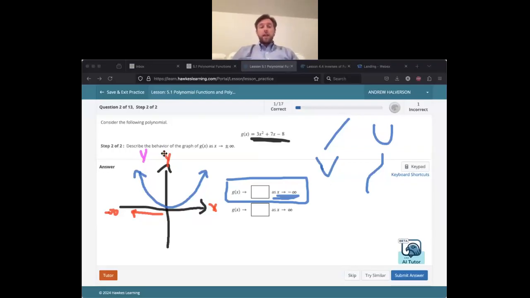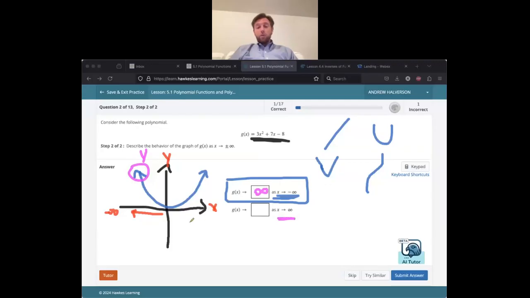The output is the y-axis: what's happening to the y as you move left. It's okay that the x is becoming more and more negative. You're just looking at what happens to the y, and it's shooting up. It's going to keep going up, so it's going to infinity. It'll never stop.